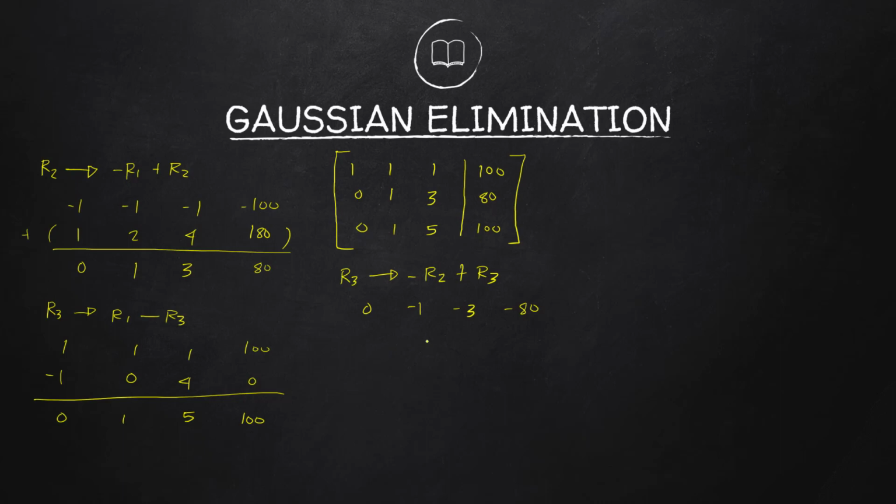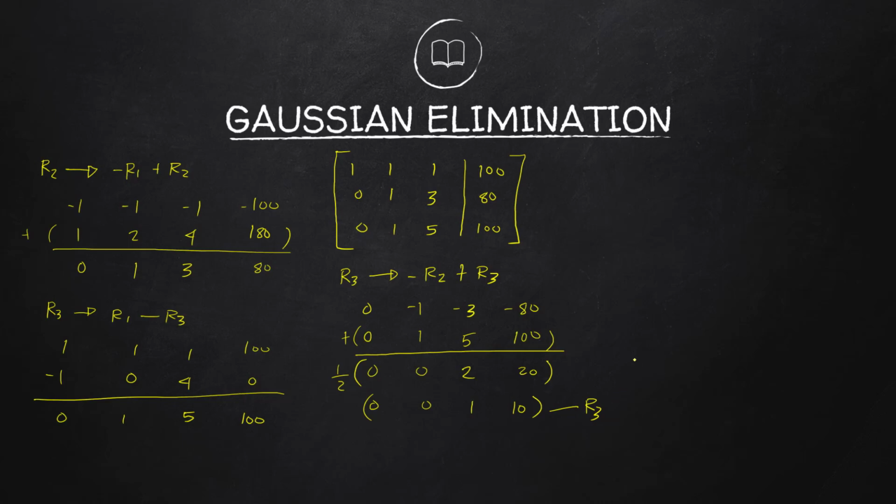And this would be 0, 1, 5, and 100. Adding these two together, we have 0, 0, positive 2, and 20. Let's multiply this by 1/2 to arrive with 0, 0, 1, and 10. This now will become our new row 3.